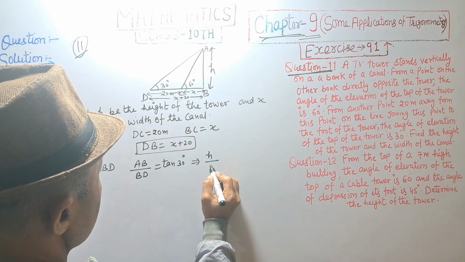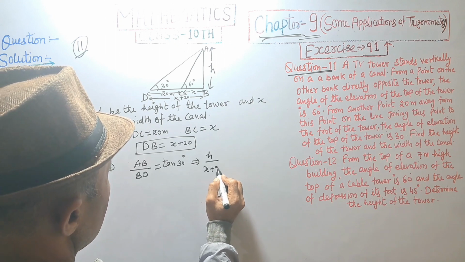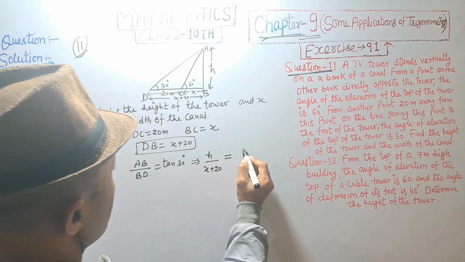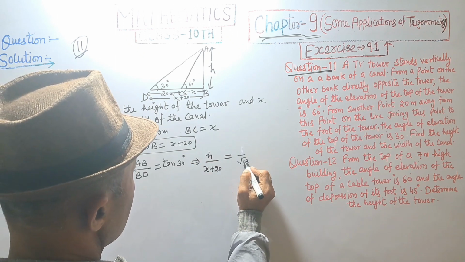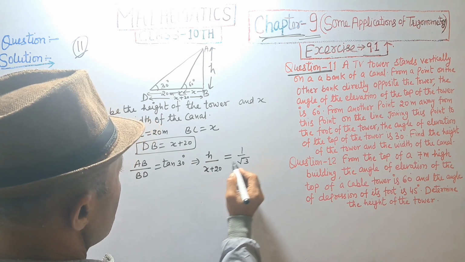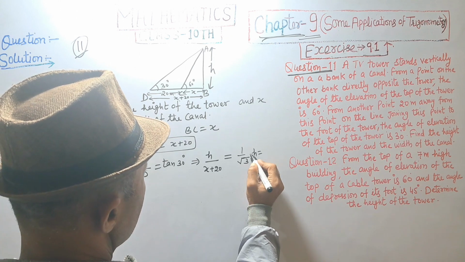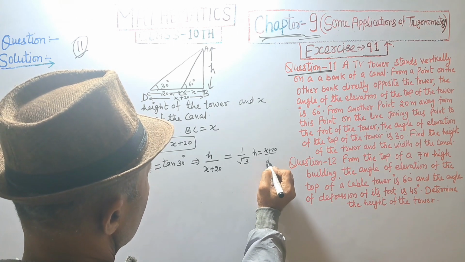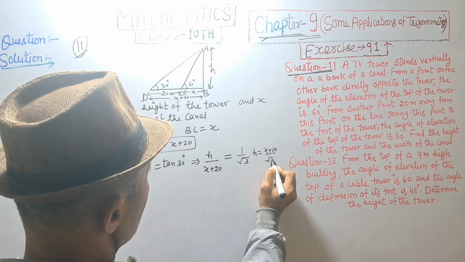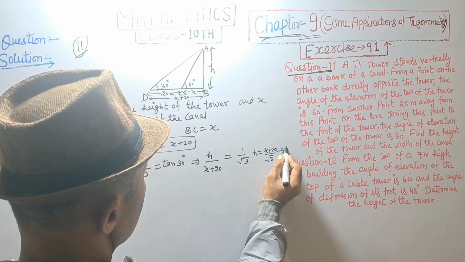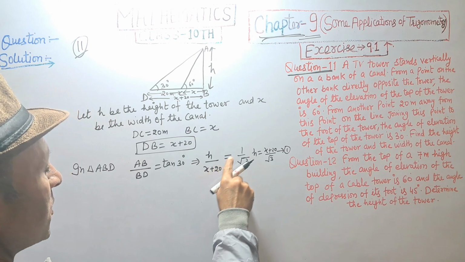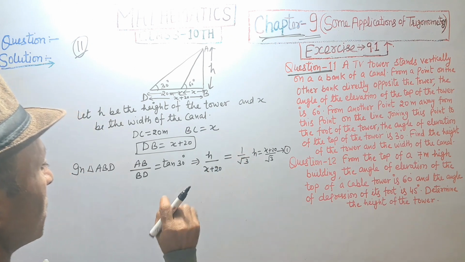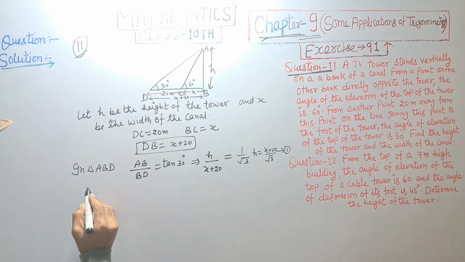AB is H, BD is X plus 20, and tangent 30 degrees is equal to 1 upon root 3. So H is equal to X plus 20 upon root 3. It's equation number first.